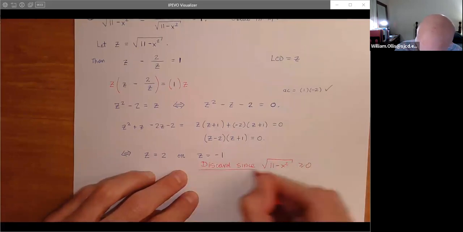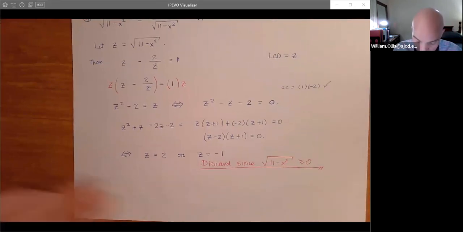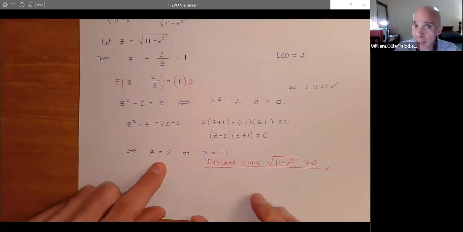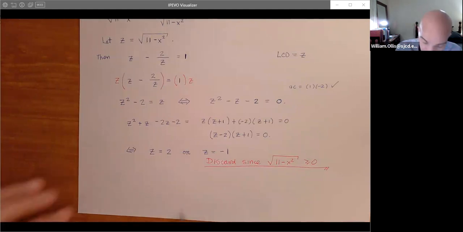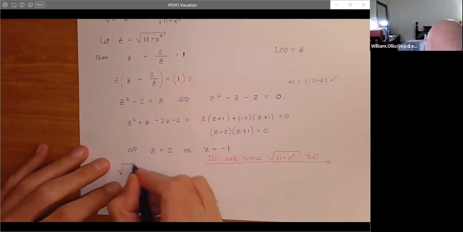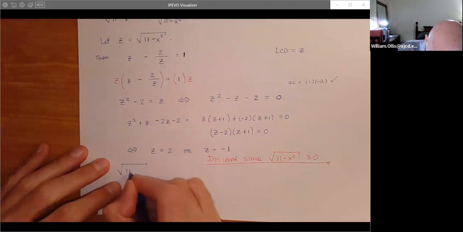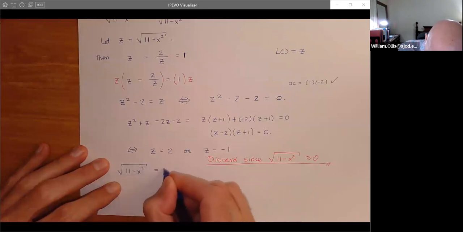So we're done with that part. Now this one actually does make sense. So you're seeing that all we're doing is using properties that you've been using from day one in general math. No reason to forget them. And so now we have the square root of 11 minus x squared equals 2.